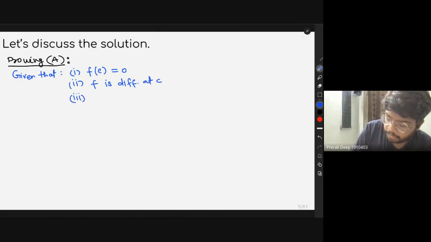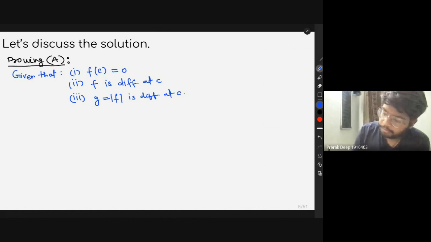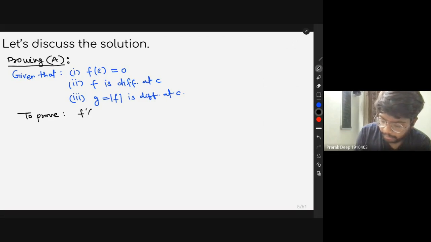Third, we are given that g, which is modulus of f, is also differentiable at c. Okay, and we need to prove that f prime of c is equal to 0.